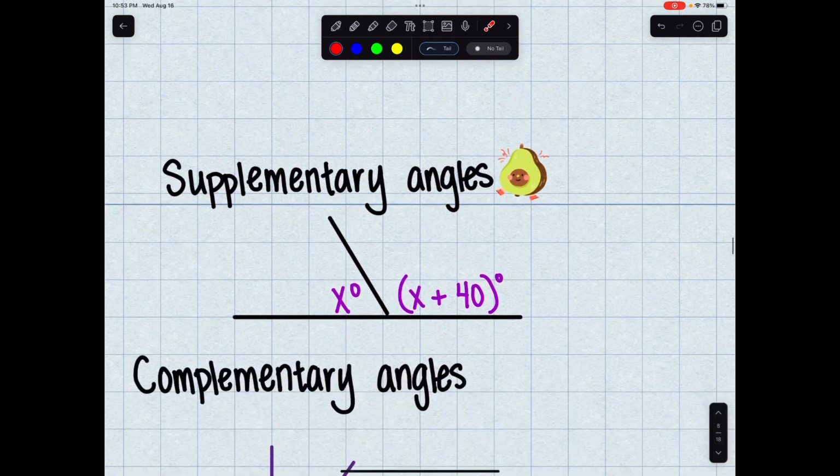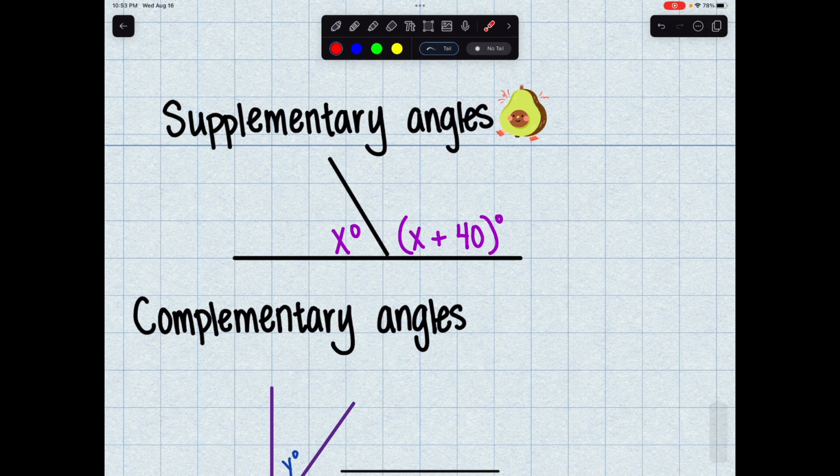All right, let's go over supplementary angles. Supplementary angles mean that the angles add up to 180 degrees. 180 degrees is a straight line, so it's this. So this angle X and X plus 40 is equal to 180 degrees because X and X plus 40 are supplementary angles.